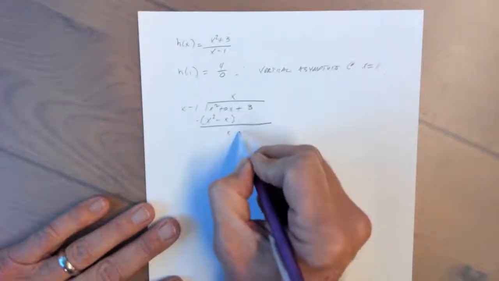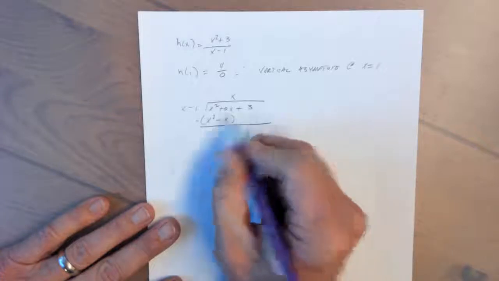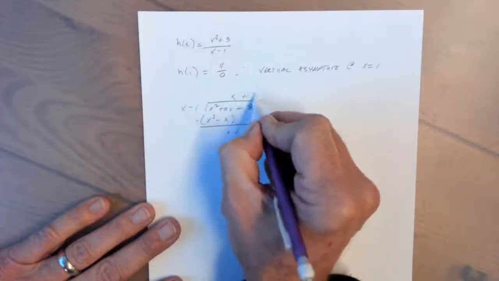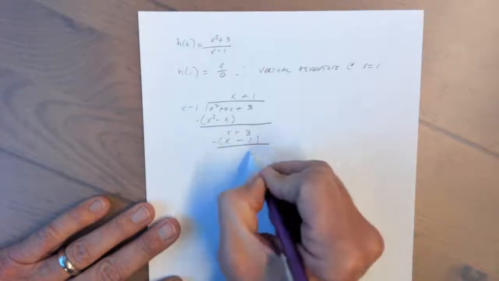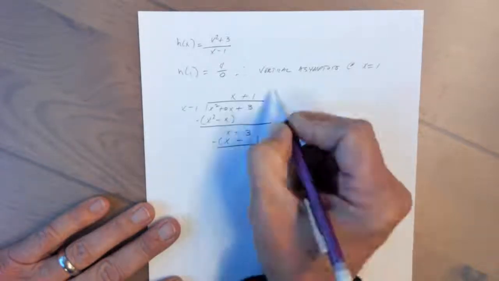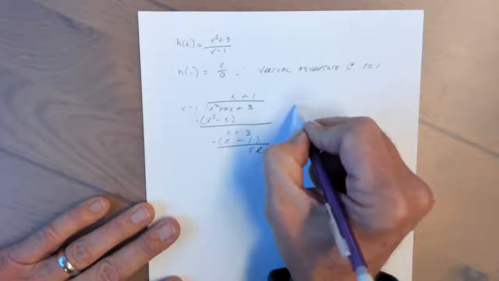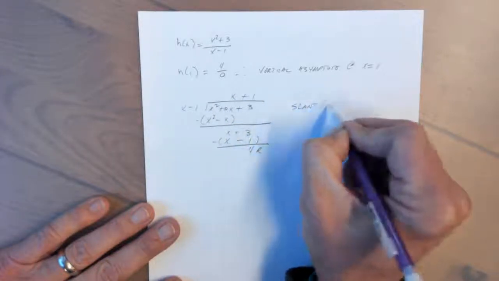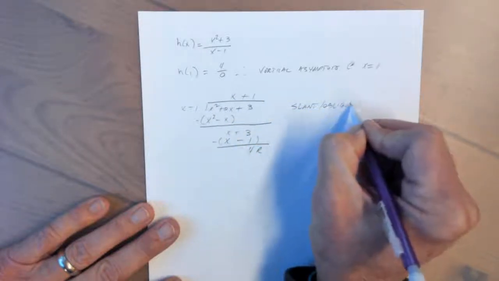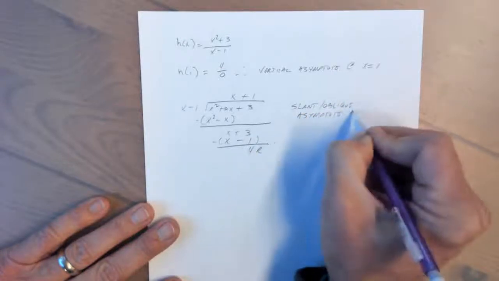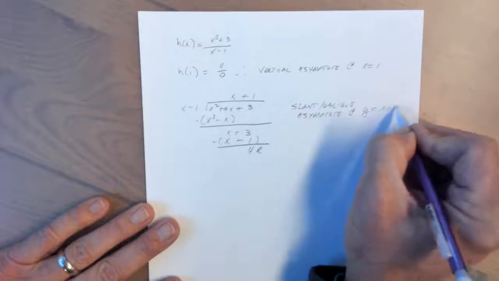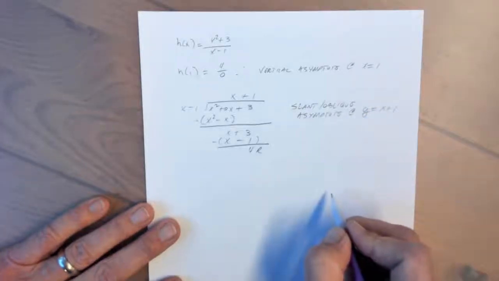That becomes a positive x. Bring down the 3 since we have two terms. That becomes a plus 1. Again, we subtract. Our remainder is 4. And so this tells us that we have a slant or oblique asymptote at y equals x plus 1.